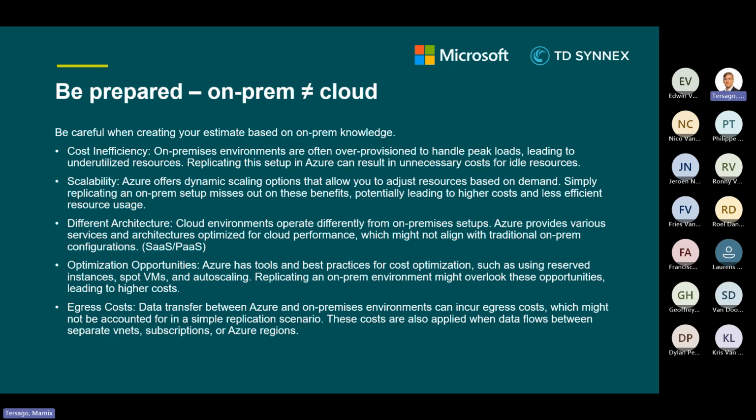The architecture is a bit different. Optimization opportunities are not always taken into account. And egress costs is also an item that is easily forgotten. So be prepared before you start using the calculator, know what you need.